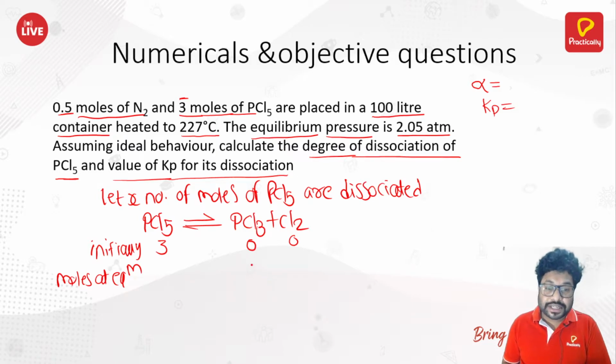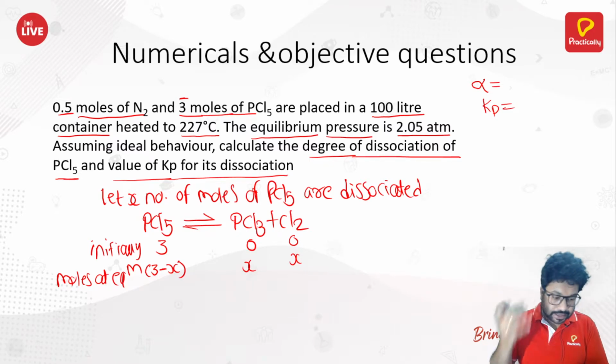Moles at equilibrium for PCl3 are x, for Cl2 also x, and for PCl5 it is 3 minus x. That is how we get the moles at equilibrium.